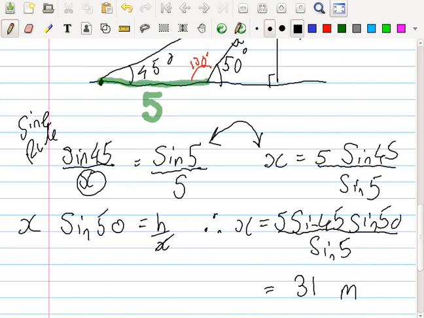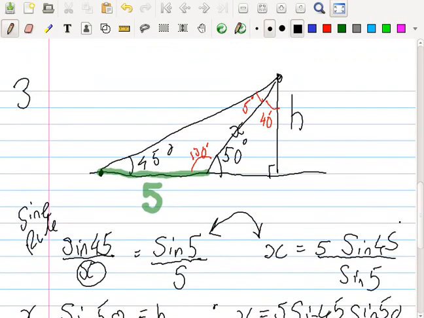Why didn't you put sine 40? I'm using the triangle on the left. So it's sine 5 over 5 equals sine 45 over x. Is that okay?